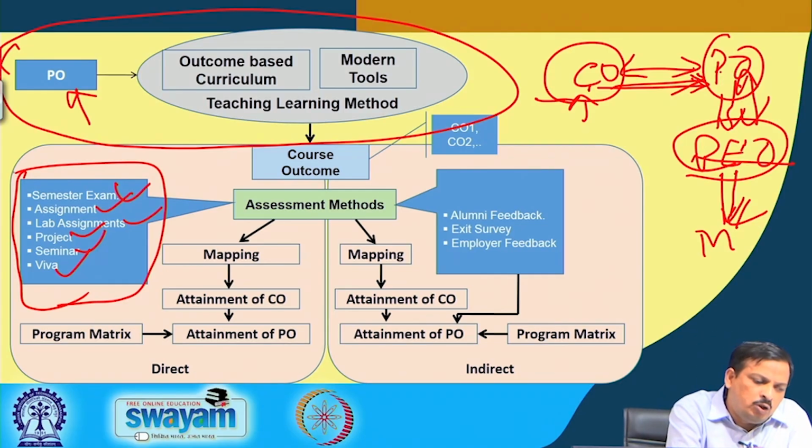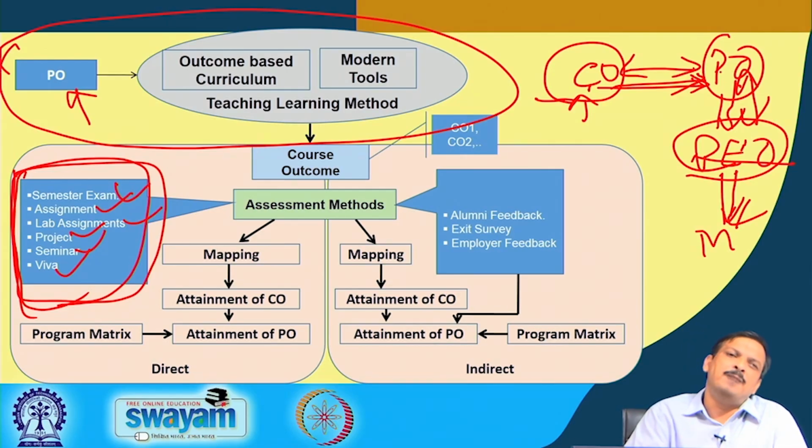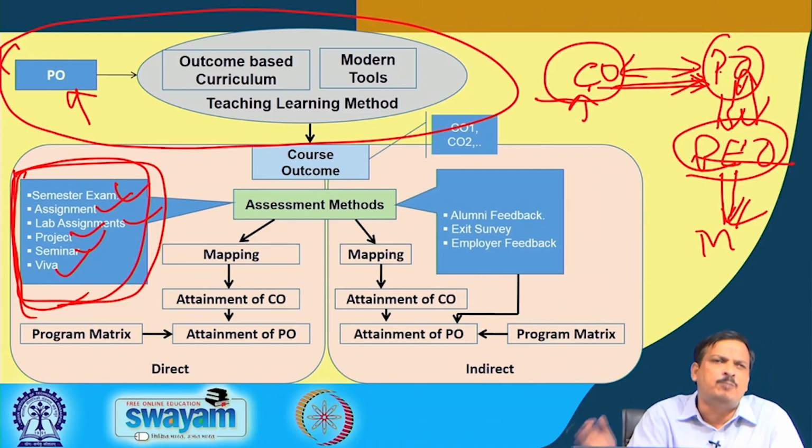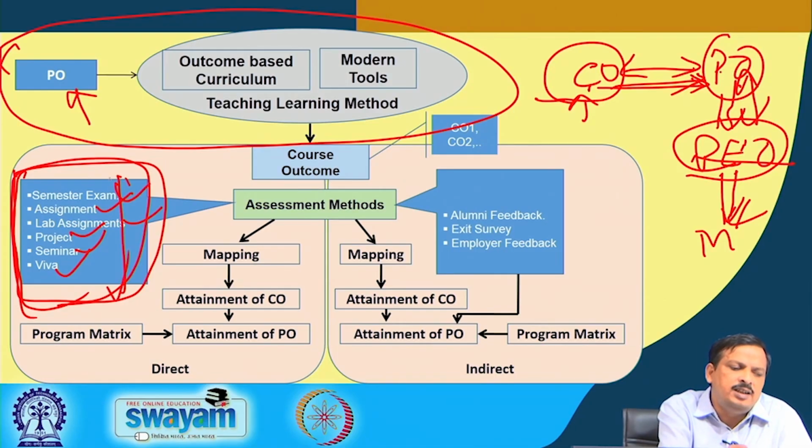That is why those data are used for attainment calculation of students about the course goal. So, this may be a semester exam, assignment, lab assignment, project, seminar, viva, many things. Whatever data you have used for evaluation must be included here.